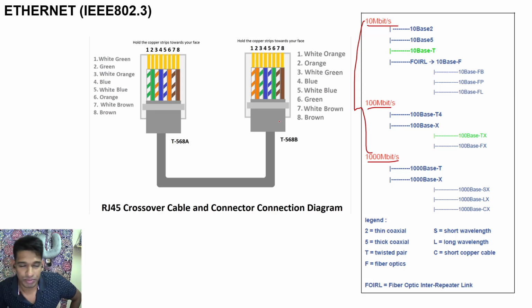A 10 megabit Ethernet, for example, uses only one pair. Here, this white orange and orange is a twisted pair. Blue and blue white is a twisted pair. Brown and brown white is a twisted pair. There are four twisted pairs in an Ethernet jack.